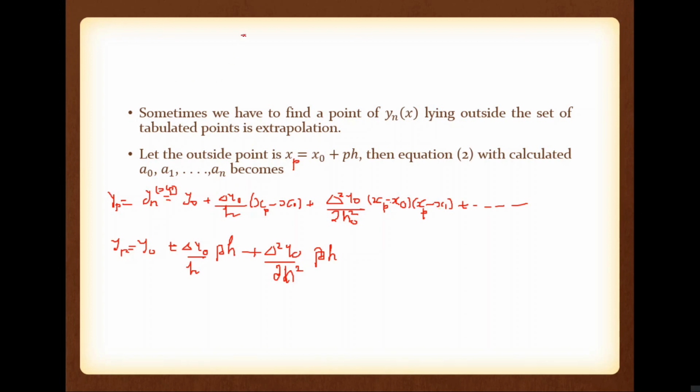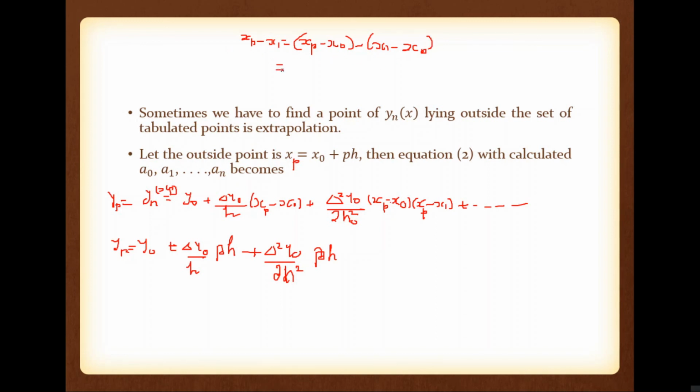We can write xp minus x1 is equal to xp minus x0 minus x1 minus x0. You can see that this x0 and x0 are cancelled, so later we have xp minus x1.